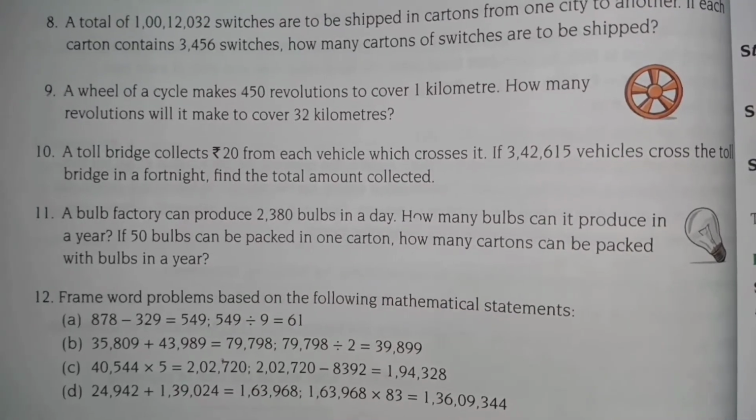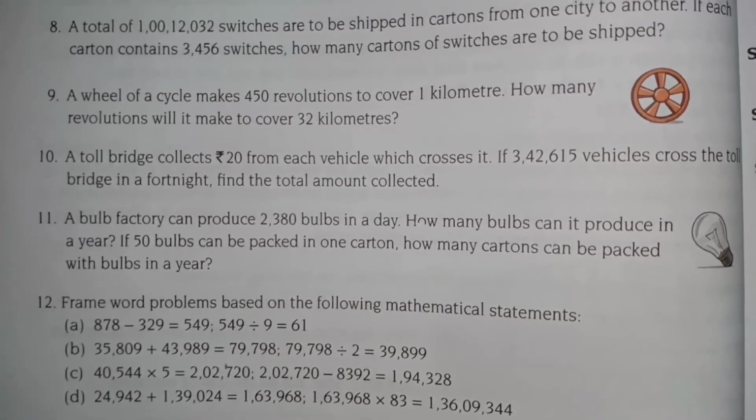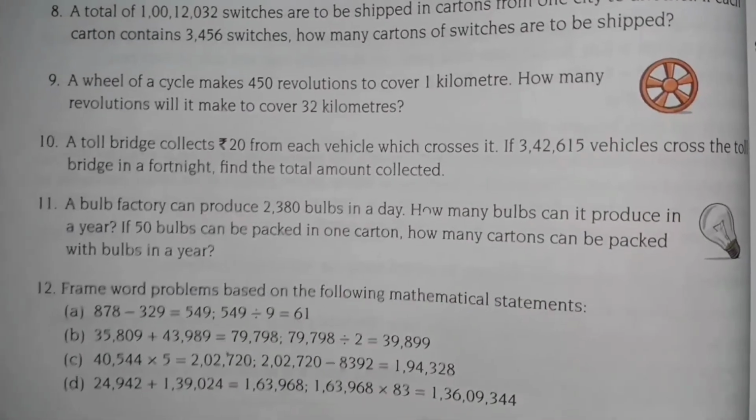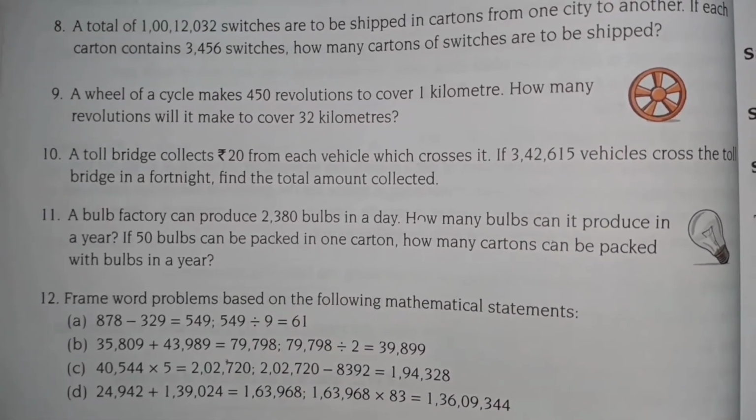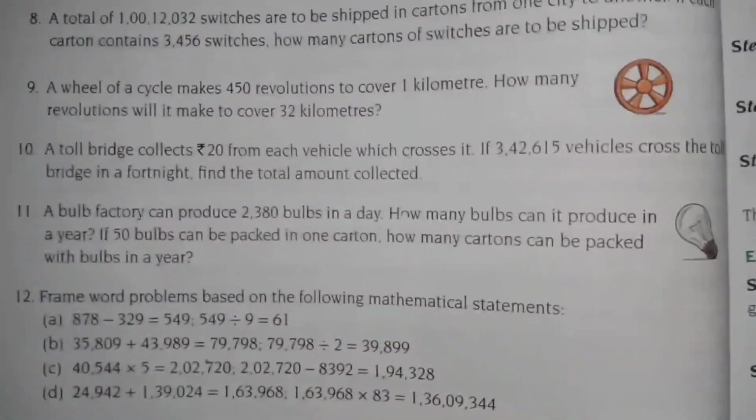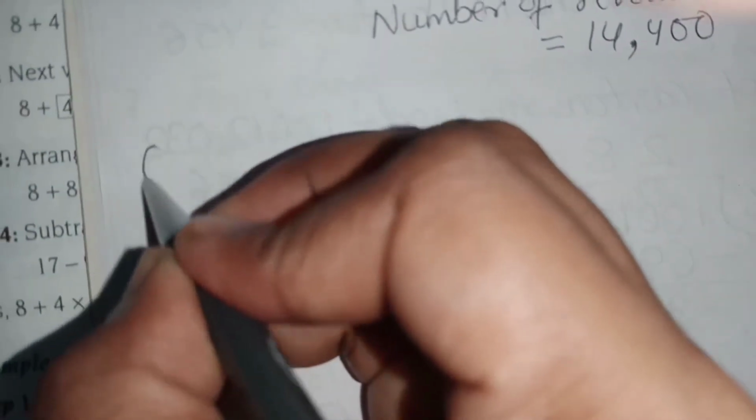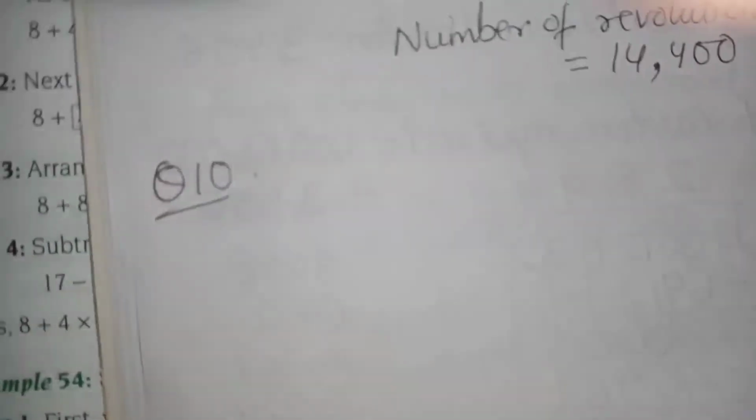So now what do you have to do? We have to multiply, because for one vehicle they are charging 20 rupees. So for 3,42,615 vehicles, what do you have to do? We have to multiply. Okay, so now let's do question number 10.